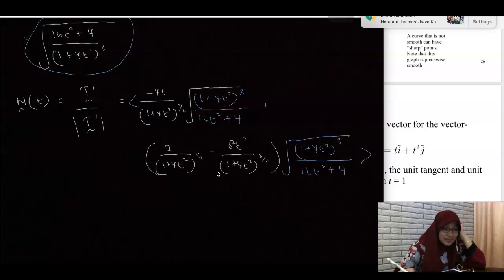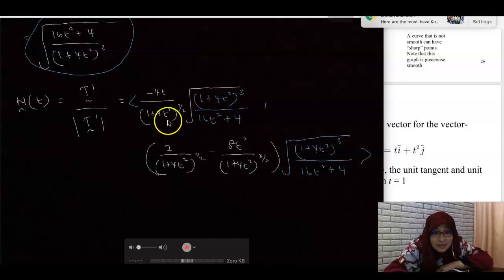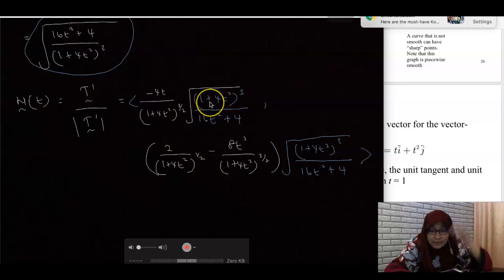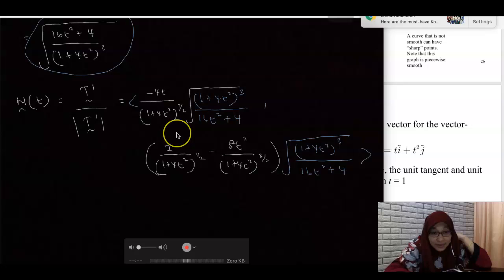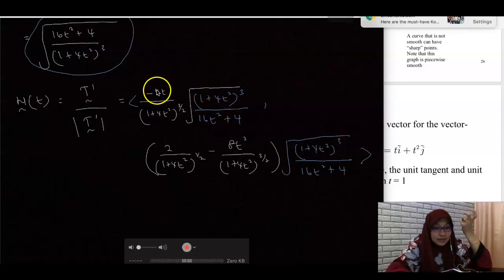Okay, so now if you realize, here we have a similar term, so this one actually can be divided into (1 plus 4t squared) to the power of 3 over 2, and we have the same thing. It looks like we can simplify the form. So next, please try to simplify this form, and here maybe we can also do the same.